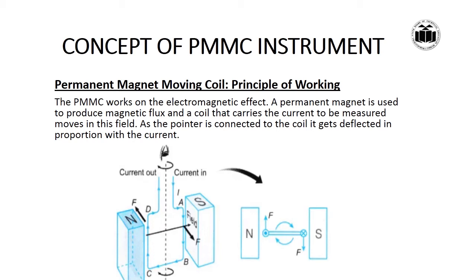Here in the figure, we can see there are two poles, N and S, and in between the two poles of the magnet, a coil is allowed to rotate. The pointer is connected to the coil. When the coil moves, automatically the pointer also moves, and hence the PMMC instrument works.